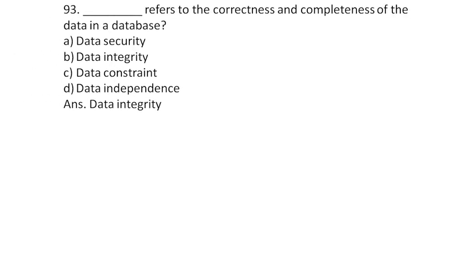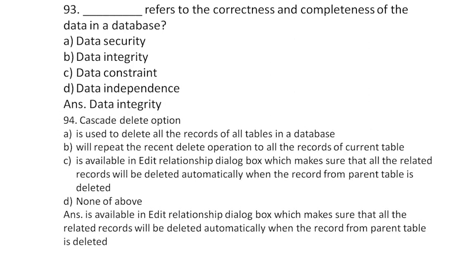Next, dash refers to the correctness and completeness of the data in a database. Answer: data integrity. Next, cascade delete option is available in the edit relationship dialog box, which makes sure that all the related records will be deleted automatically when the record from the parent table is deleted.